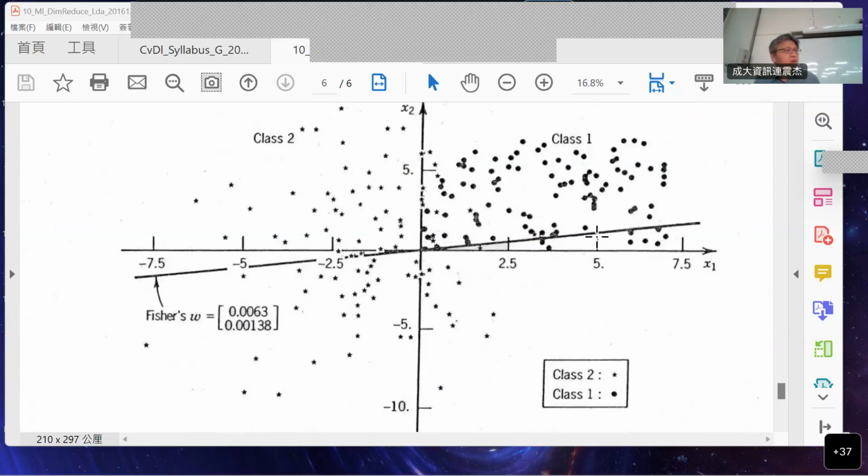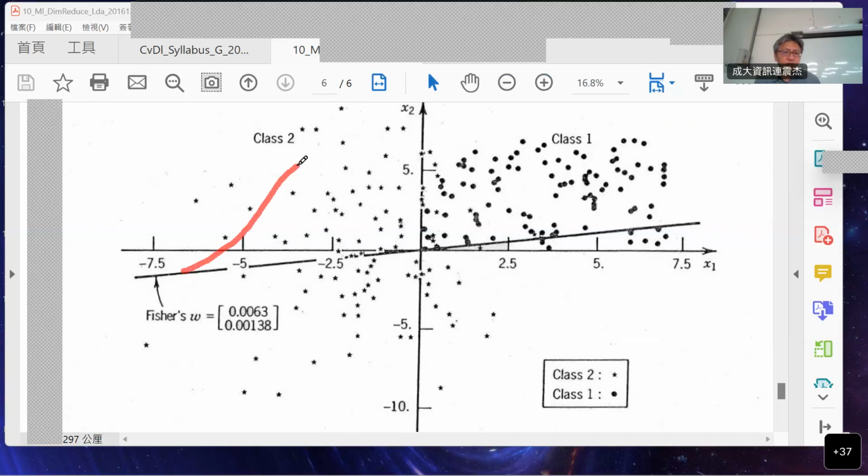So this W can let each point project to here, and then there's a distribution here, and the other distribution here. And the overlap is the smallest. So actually, what I try to say is that your L is here.